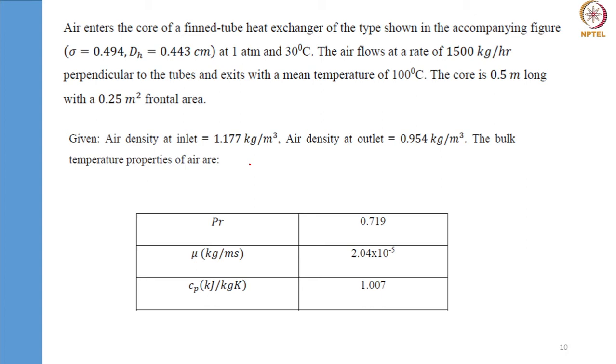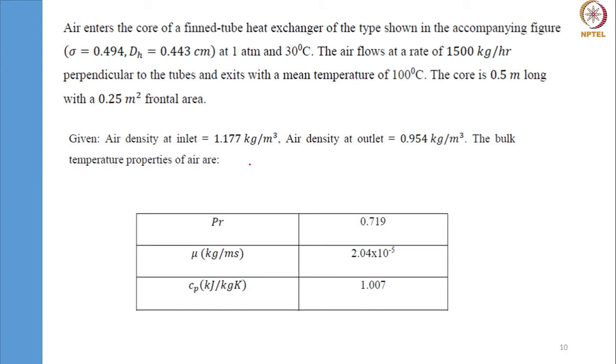Out of these four, the first and last can be neglected. The pressure drop due to area contraction and pressure increase due to area expansion can be neglected, and two pressure drops we have to consider, that is frictional pressure drop and momentum pressure drop.